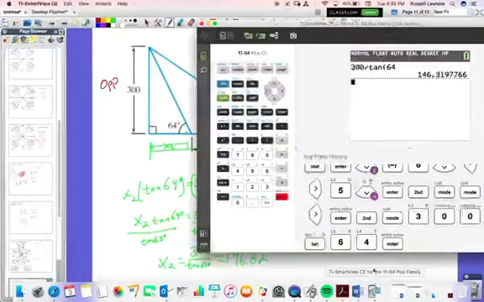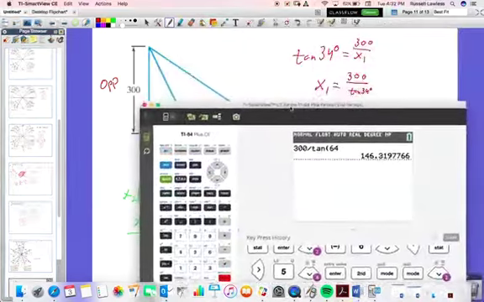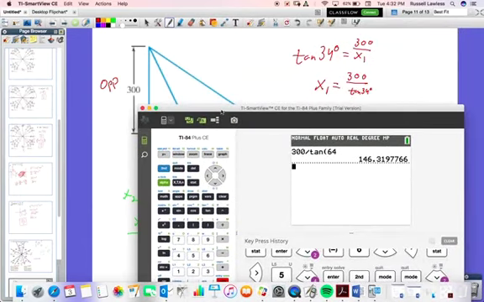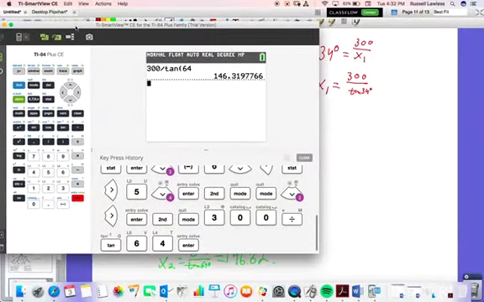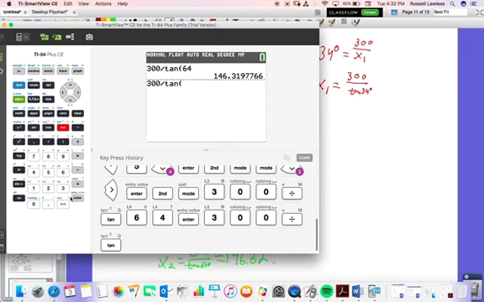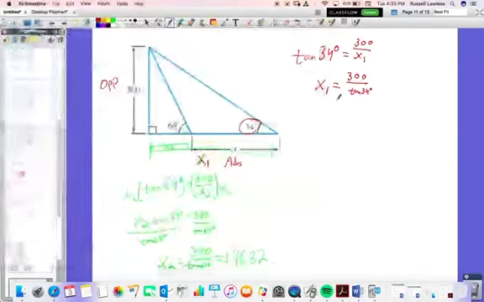So looking at our calculator, I'm going to take 300 divided by tangent of 34, and that'll be 444.77.